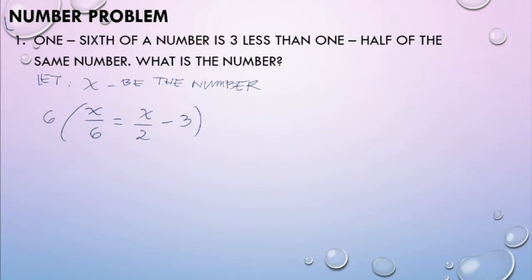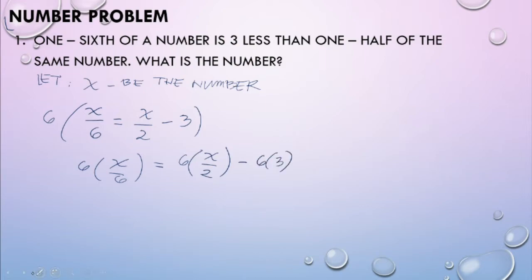So, what will happen here is, didistribute natin yung 6 sa right side and left side. So, magiging 6 times x over 6 equals 6 times x over 2 minus 6 times 3. Okay?